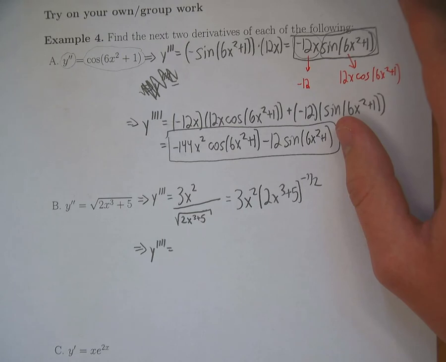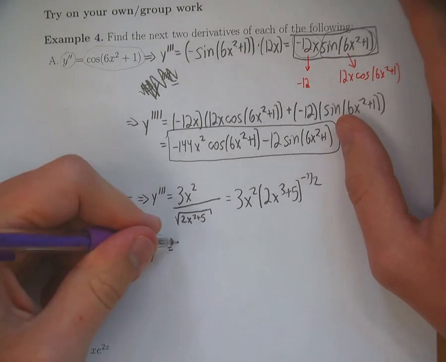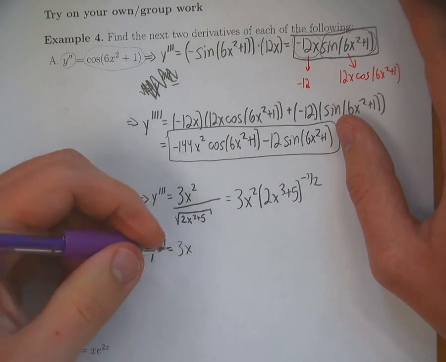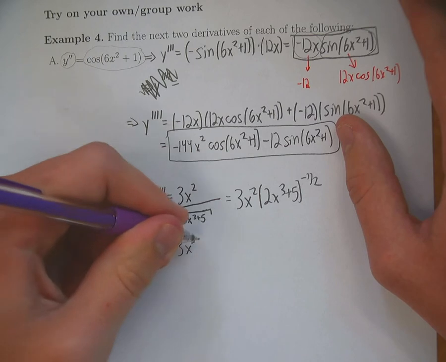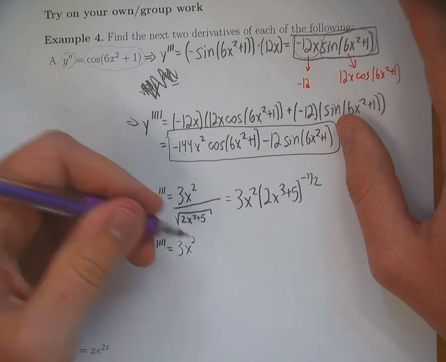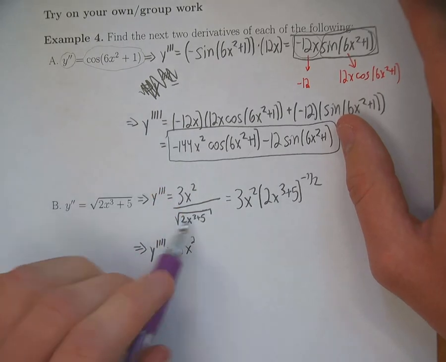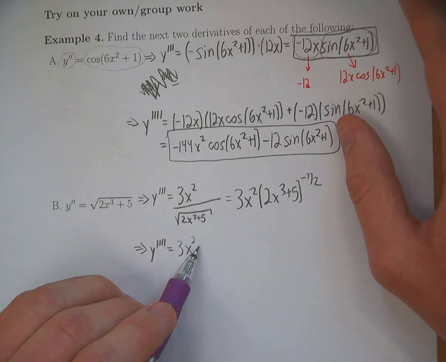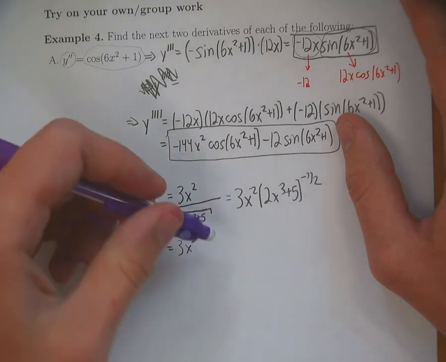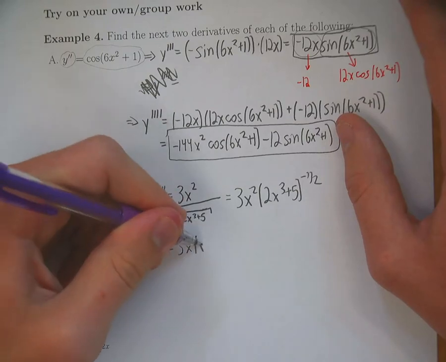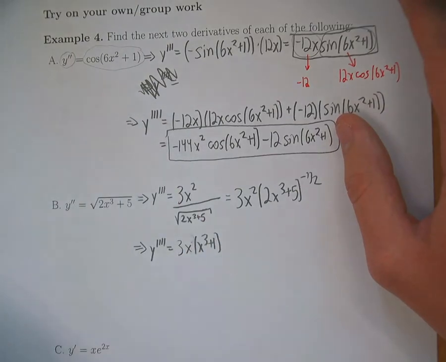I got 3x times the quantity of x cubed plus 1 over 2x cubed plus 5, and then times 2x, or 1 over 2x cubed plus 5. Okay. So you said, repeat that. So you have 3x squared times, then what? Or 3x times x cubed plus 1. I'm not sure. Okay, yeah, let's talk about that.